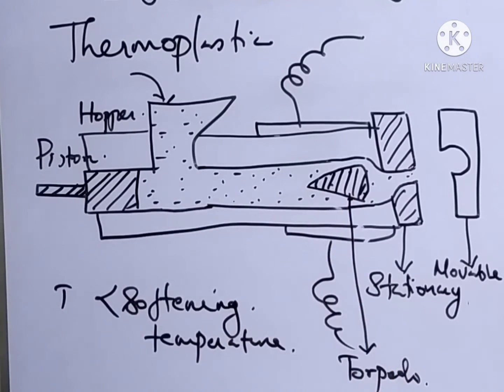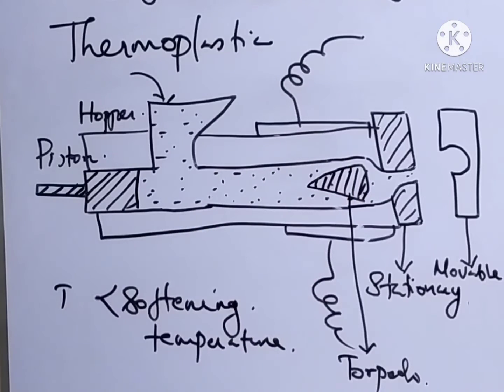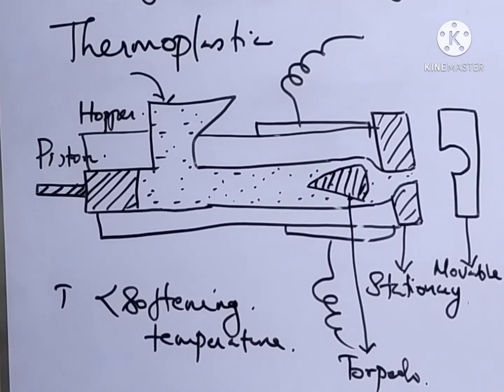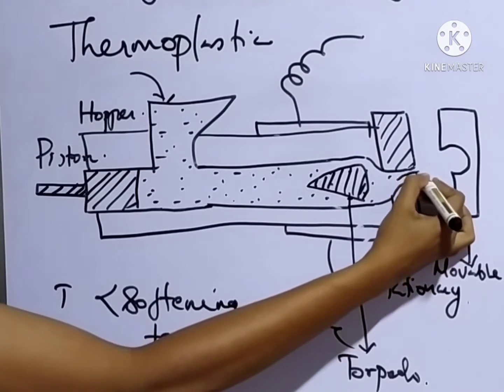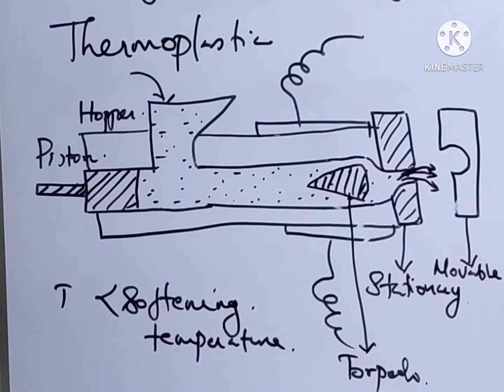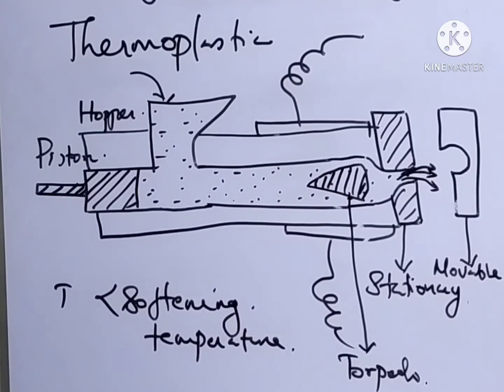This helps to maintain the uniformity of the polymer which is flowing through the cylinder. So the uniformly mixed polymer is injected into the mold through this nozzle. And this piston helps to move the polymer easily through this cylinder.